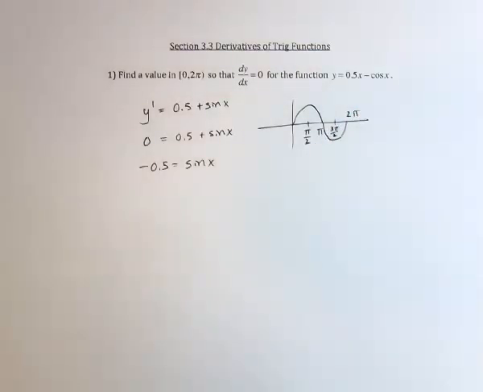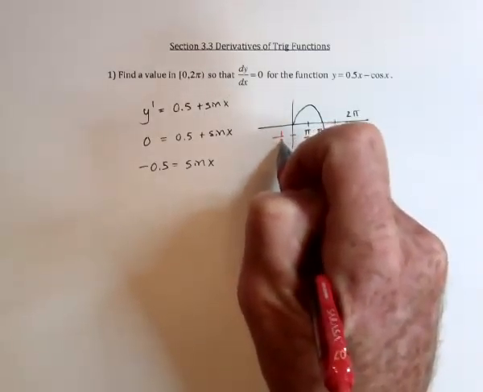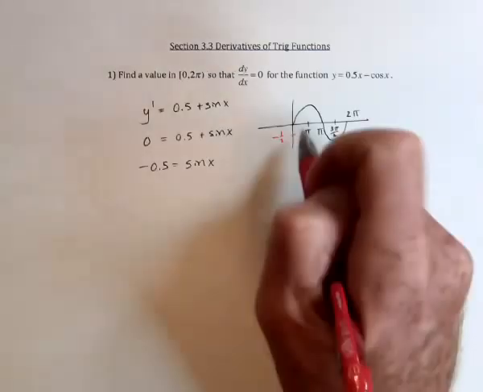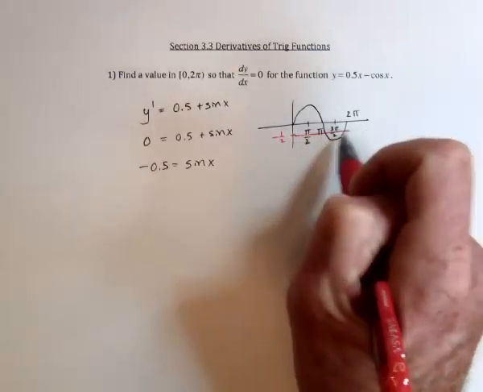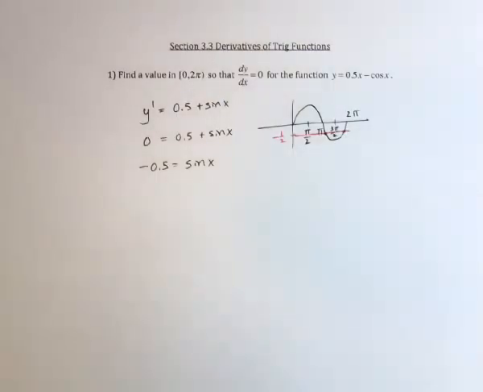And then the question is asking, when does that equal negative 1/2? Well, negative 1/2 would be here. So there's actually 2 places where sine is equal to negative 1/2.